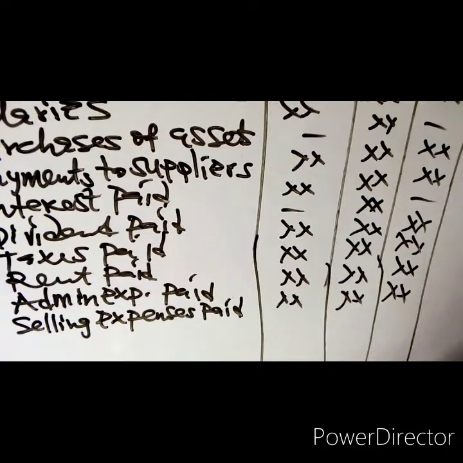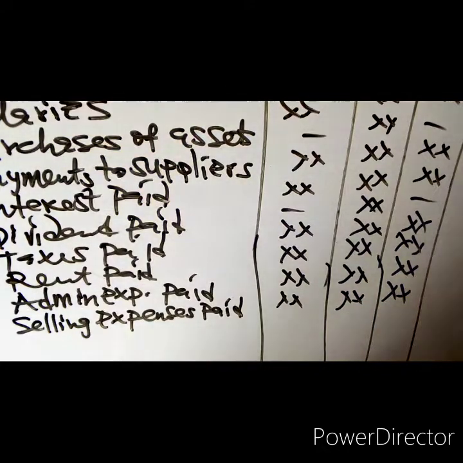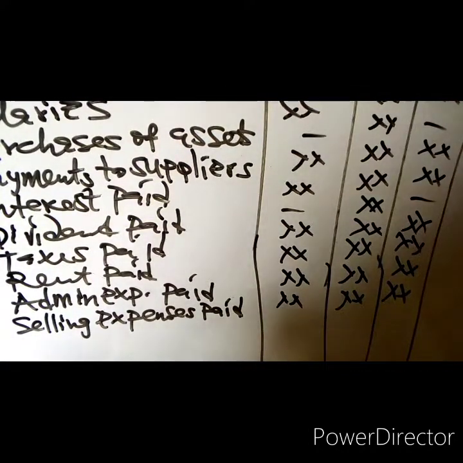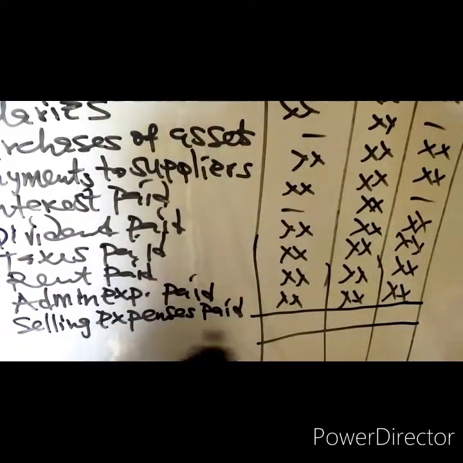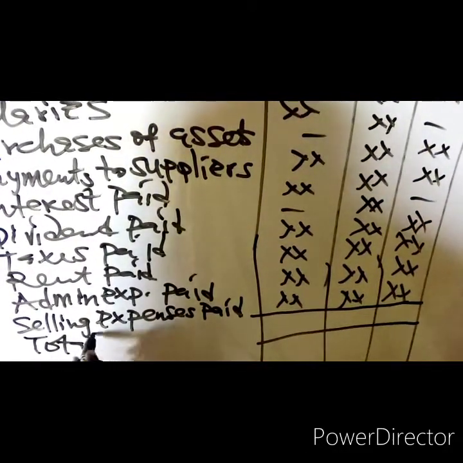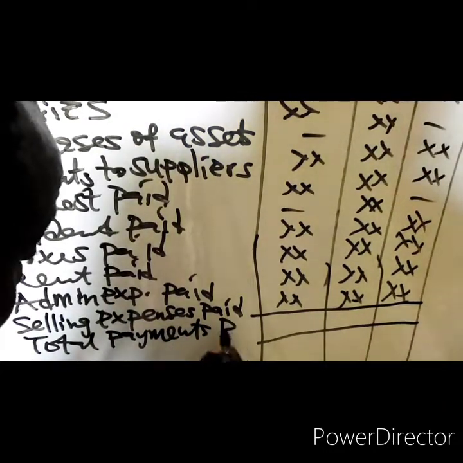I told you that they will not be included in the cash budget. Where those items are included in any of these expenses, you have to remove their impact or effect from those amounts. So total payments, let me have that as B.